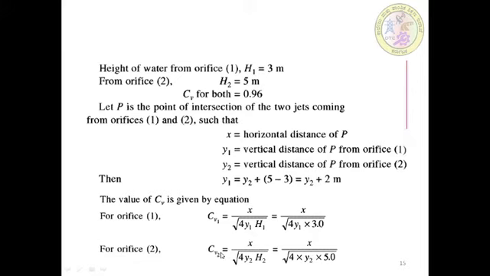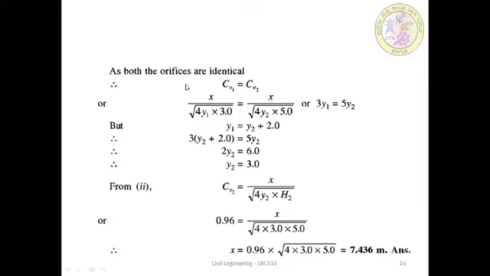Now for orifice 2, y2 and h2 are known, so put x and y2, which are unknown, in the same way. Since both are identical, the coefficients of velocity are also the same. Now we can put the CV equations for CV1 as well as CV2. Here there is one relation: in the previous case we have seen that y1 is y2 plus 2.